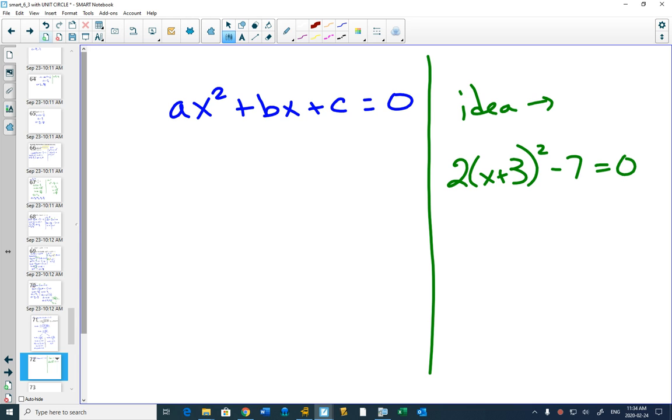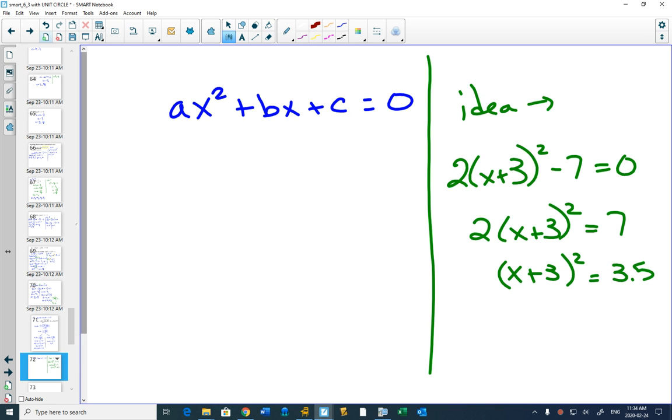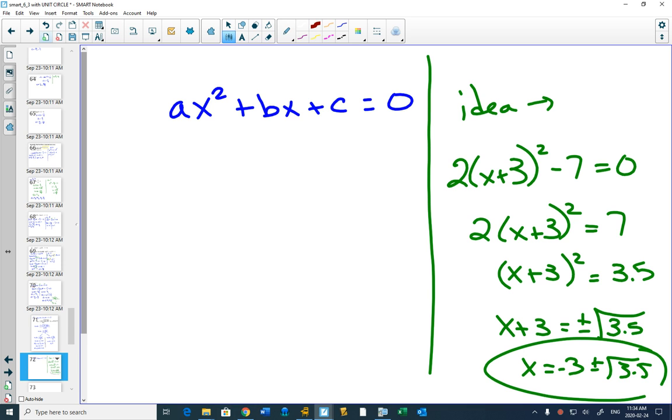If it was in vertex form, then I could get the squared by itself by moving the 7 over and dividing by 2. I'll just write 3.5 so we have a decimal. And then once the squared thing is by itself, I could square root both sides. Remember the plus or minus. And then move my 3 over to the other side. Put that into my calculator and get the answer. So if it's in the squared form, I could get my squared by itself and square root.